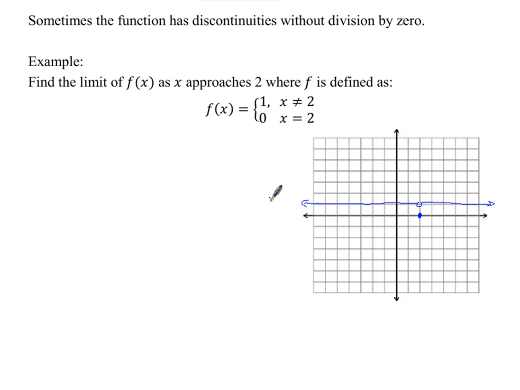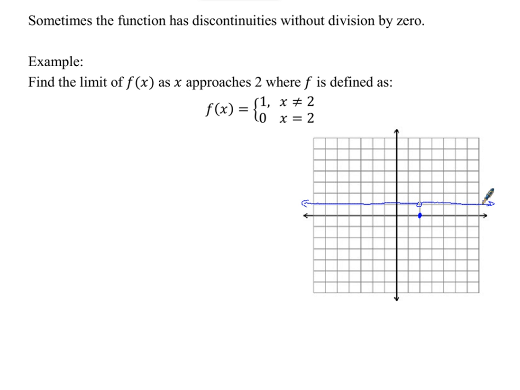So it's important to understand how this thing is built. Once you do, then you can probably figure out what the limit would be at this discontinuity. Notice it is a discontinuity, but we are not dividing by 0. It makes it a piecewise. Okay? So as x values get closer and closer and closer to 2, what number is this function approaching? 1. Good.